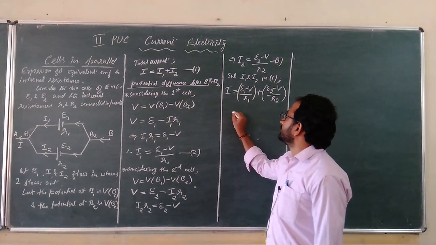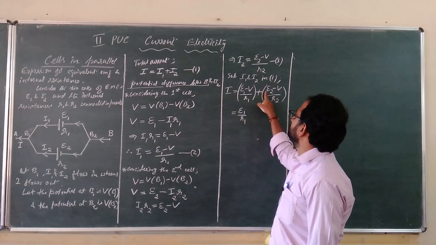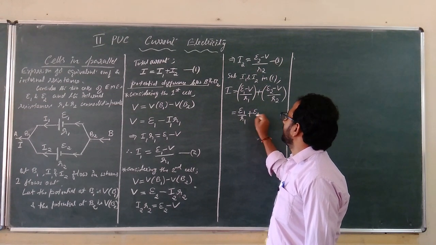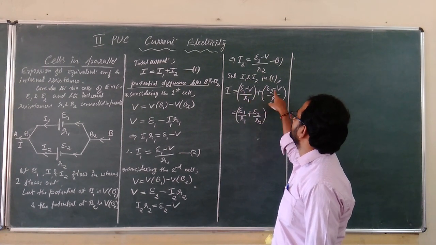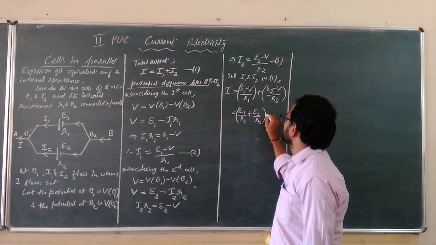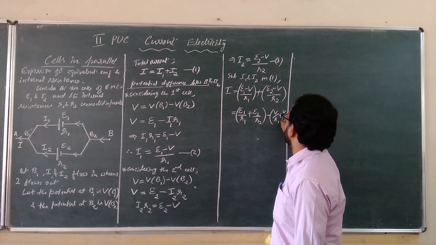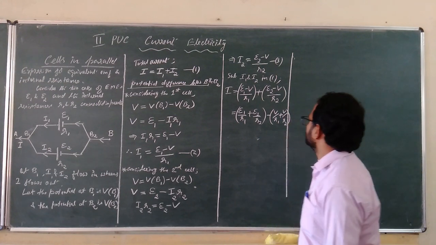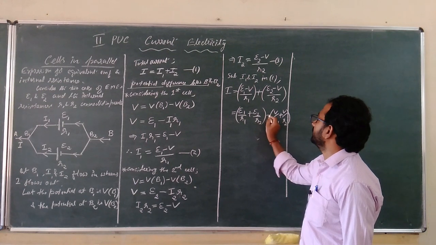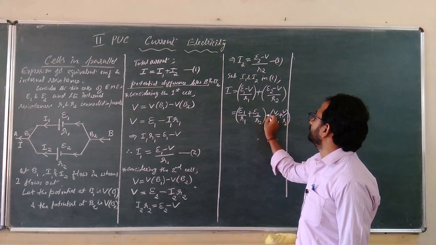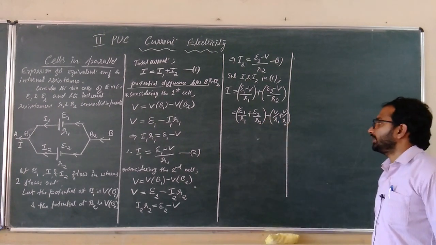So this can be written as E1 by R1 plus E2 by R2 minus V by R1 minus V by R2, because here I have taken the bracket.